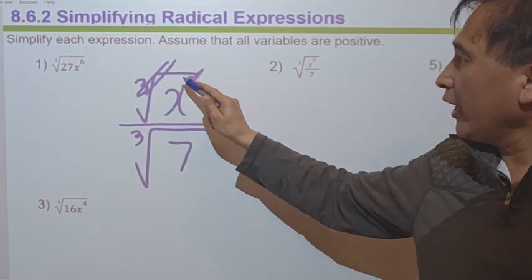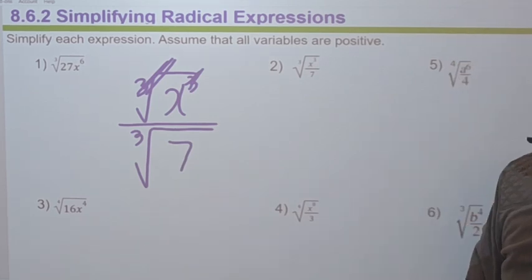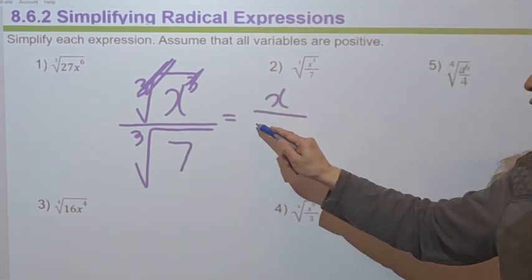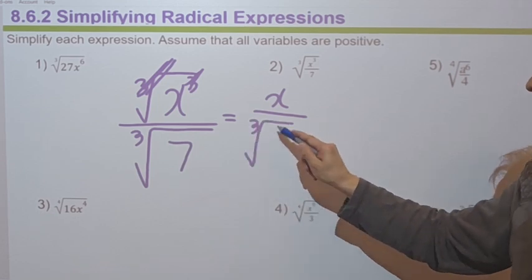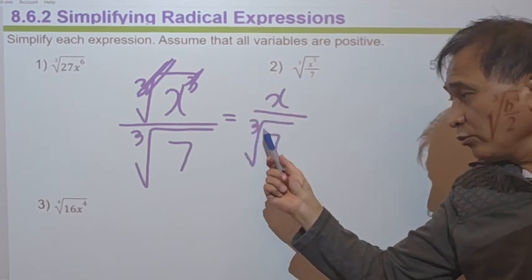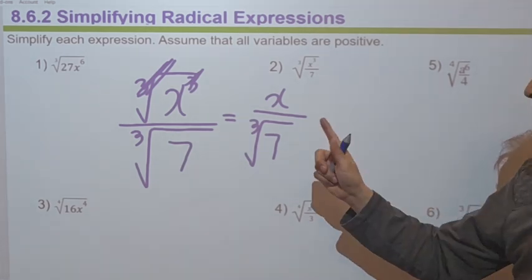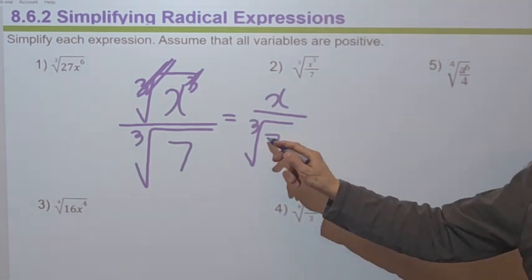So the top is x. But the bottom is the cube root of 7. The cube root cancels out only when there's a cube, a 3 power, and this is just 1 power.